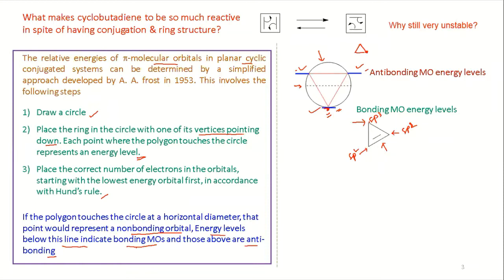Now from this cyclopropene, we can come up with three different types of reactive intermediates. Suppose you try to abstract one hydride. So let me write in a fresh way here. You have two hydrogens here.